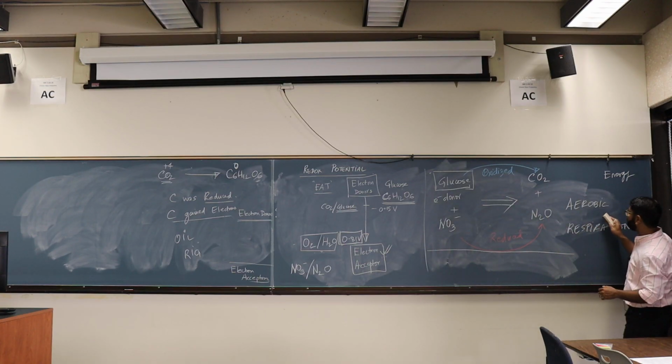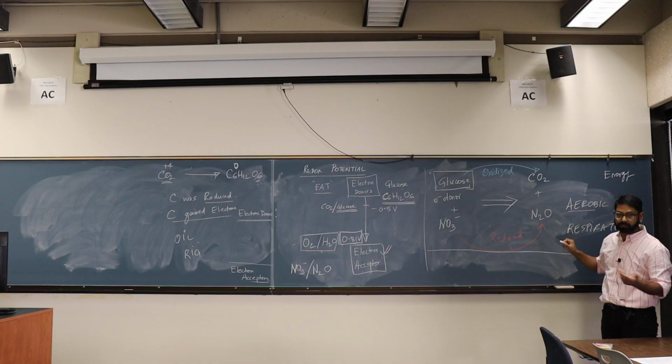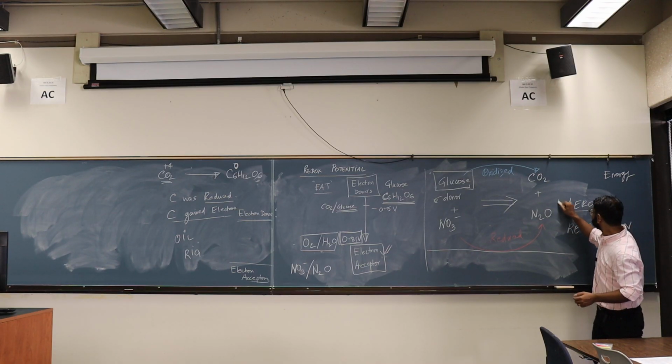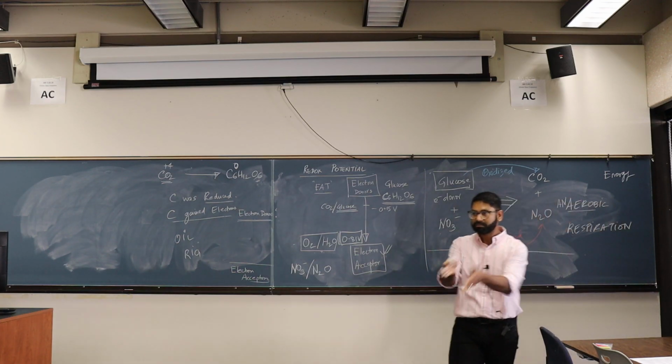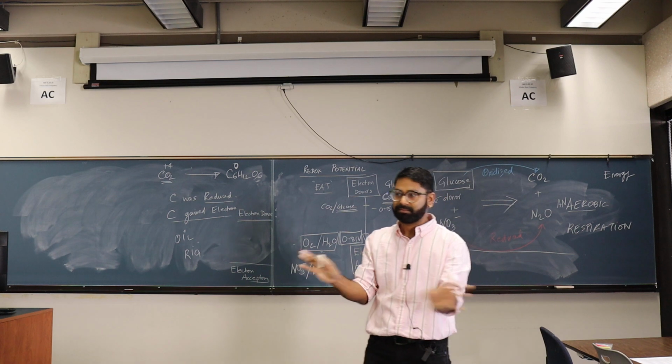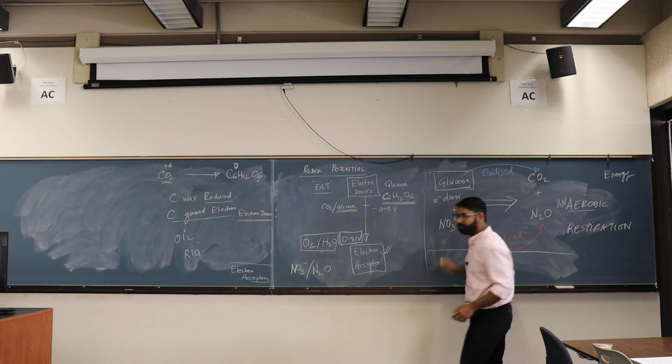Will you call this aerobic respiration, or do we have to change the name? Aerobic means O2. What will you name this? Anaerobic. Why? Because you are using a different electron acceptor. That's it. Someone might use NO3.